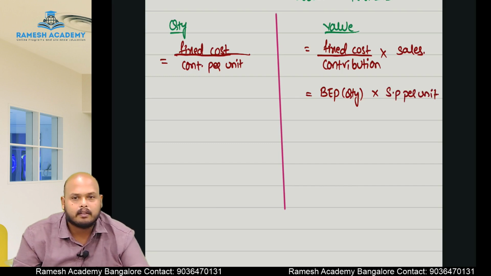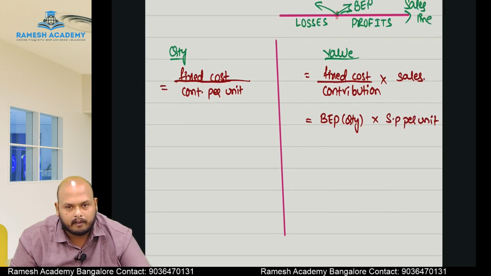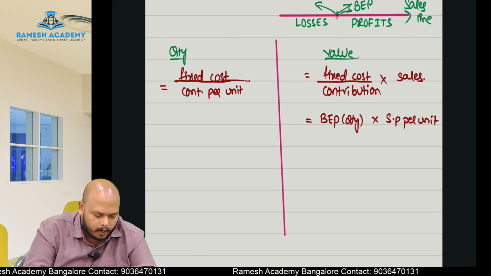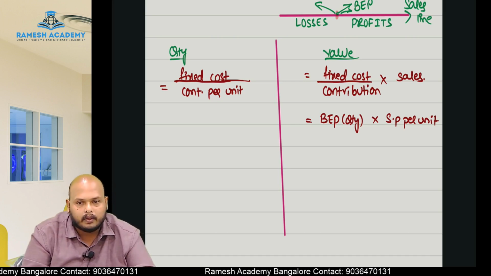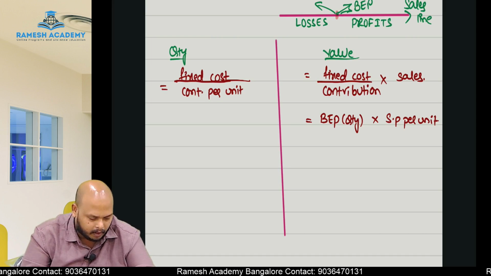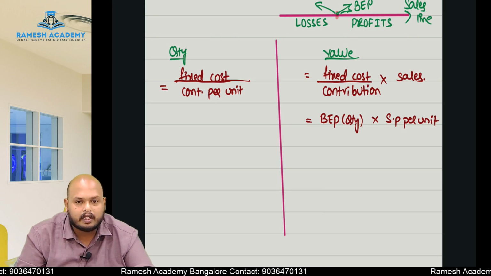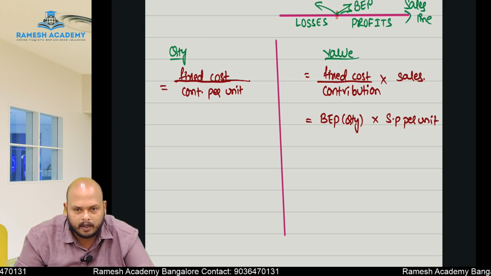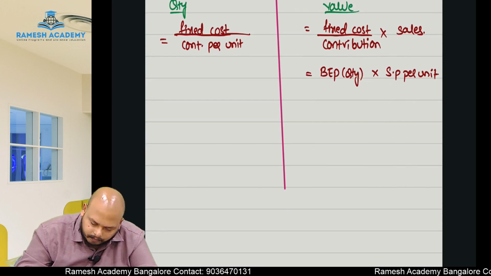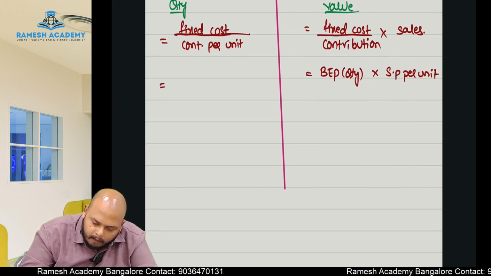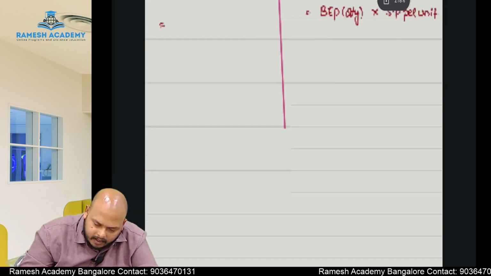Break-even point quantity is 500 into the selling price per unit, 100. That is 50,000. So this is one more formula we can write for break-even point value. Next, break-even point quantity is equal to, I can write like this now.